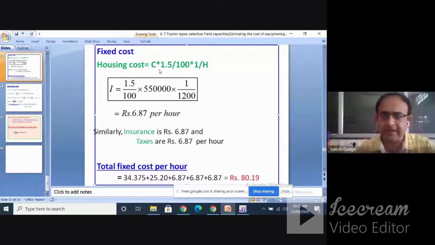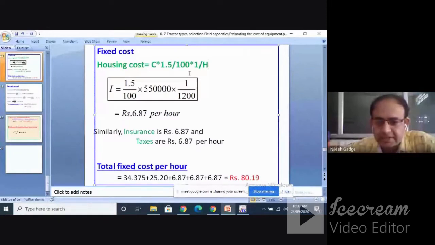Why it is divided by H: C is multiplied by 1.5%, which means it is divided by 100. Then all these things are divided by H, the working hours per year, to convert into rupees per hour.